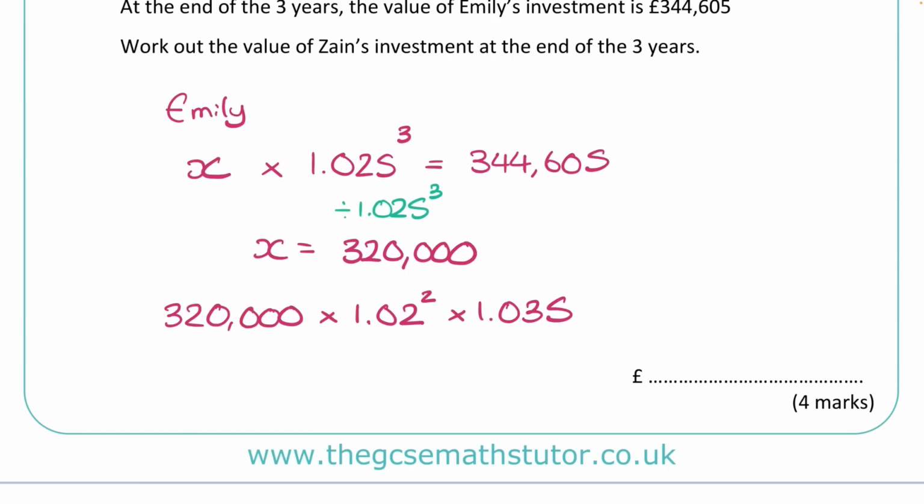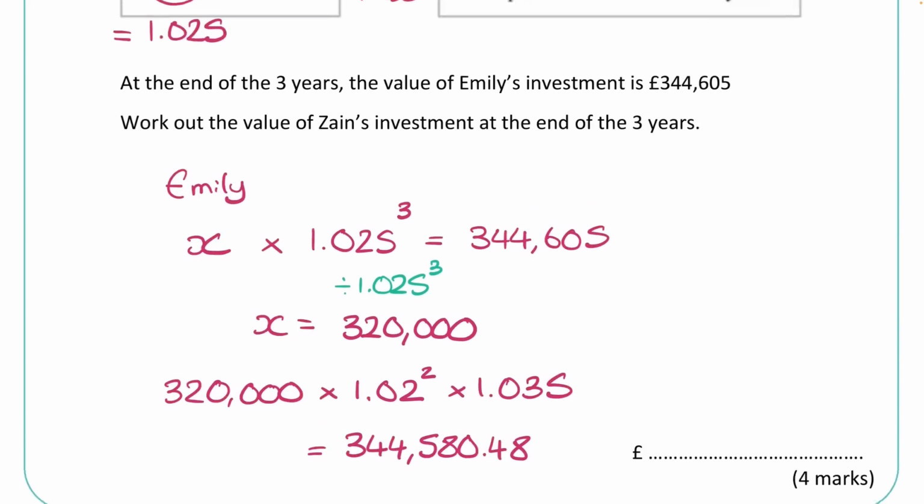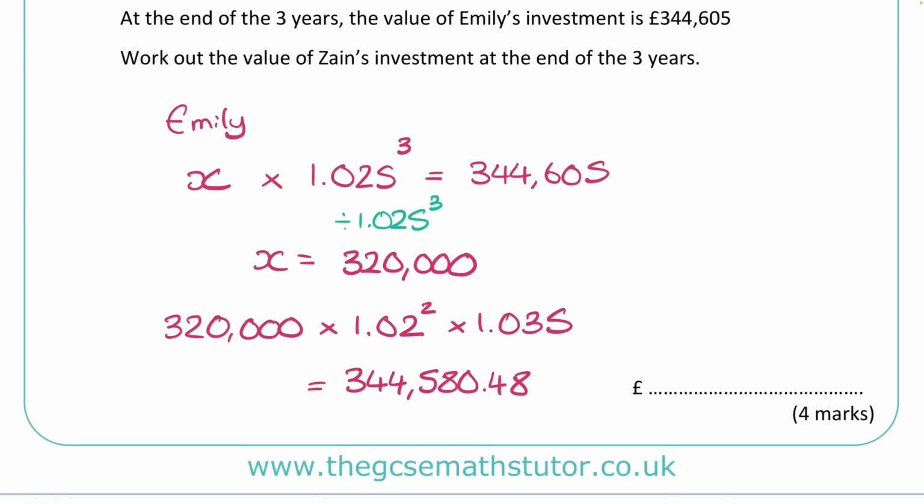And that gets us my final answer, which is £344,580.48. Now that has actually also come to the nearest penny, so we didn't have to round that, but our final answer, or the final value of Zane's investment, is £344,580.48.